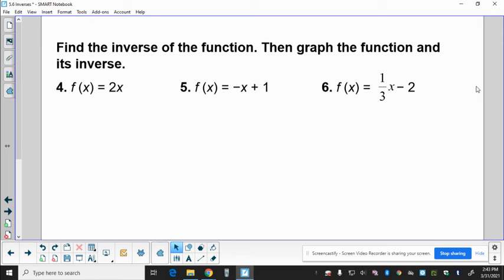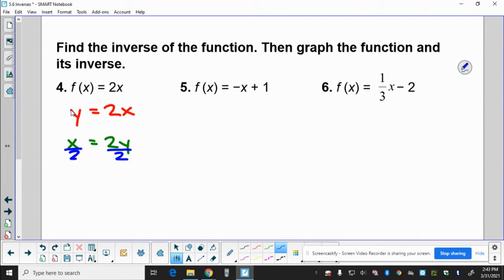Number 4, let's get the inverse. So the first thing I do is I take it out of function notation. The next thing I do is I exchange the variables. Then I solve the equation for y. And I write it in inverse notation. So this y right here will become my inverse notation. And it's x over 2 or 1/2 x.